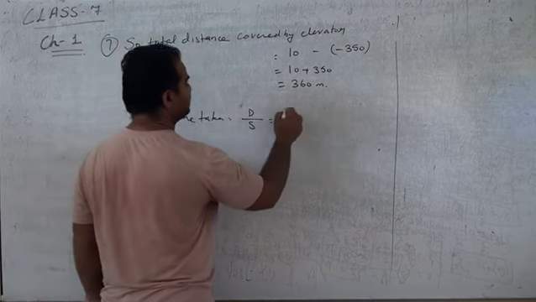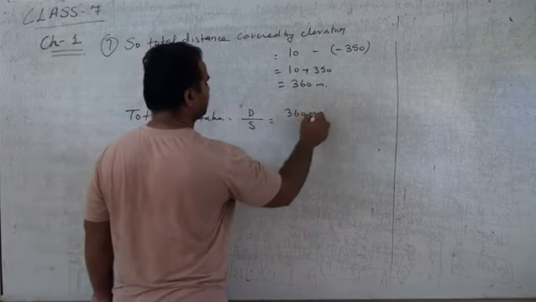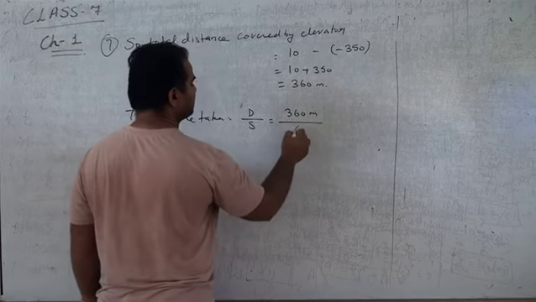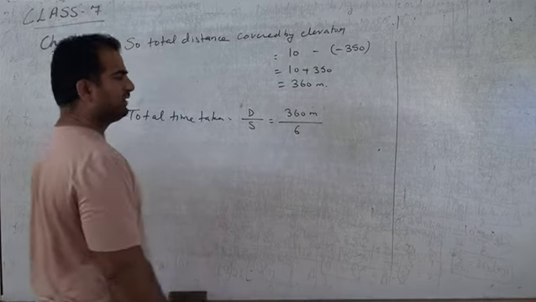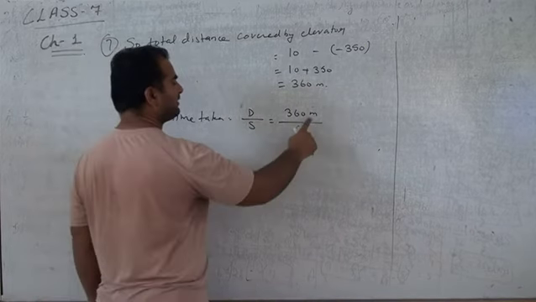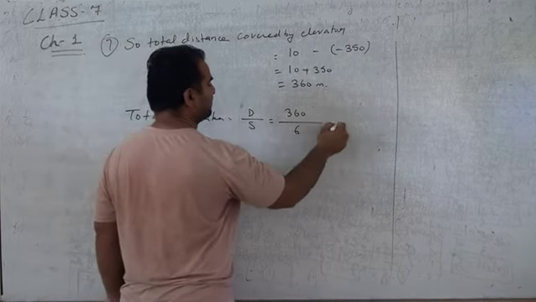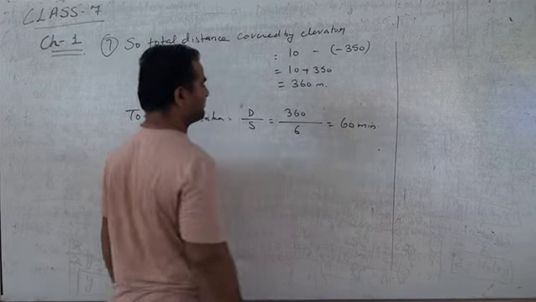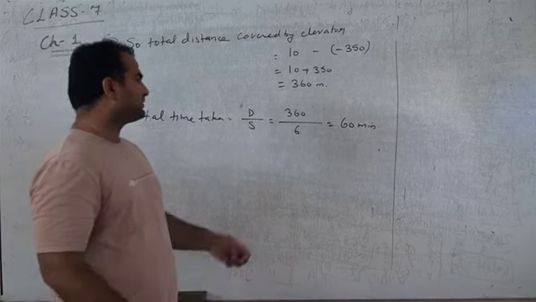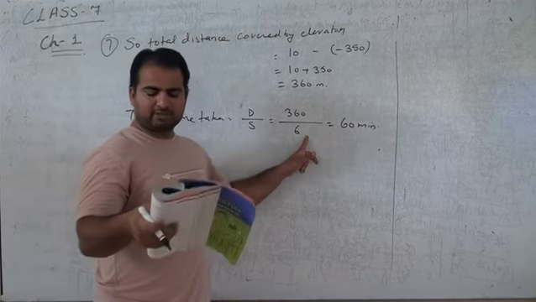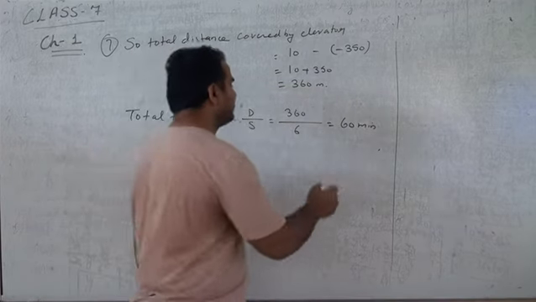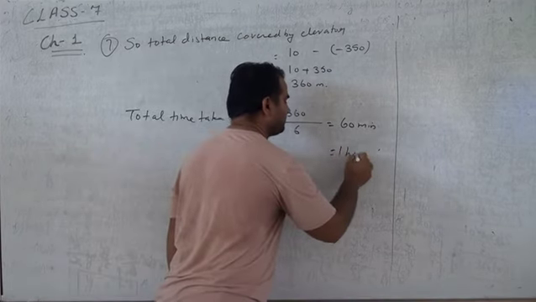The distance is 360 meters and the speed is 6 meters per minute, so we have to divide this by 6. So it will be 60 minutes. Because the speed was given in meters per minute, the answer will be in minutes, or we can say that it equals 1 hour.